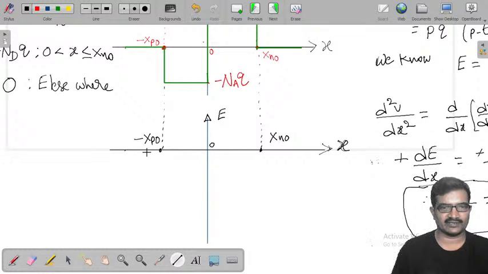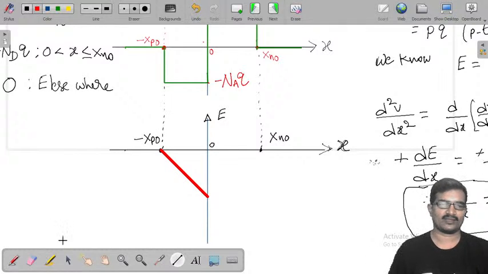Just before, we observed that this is a straight line with a negative slope starting from minus xp naught and ending at 0, like this. The slope of this one is minus NA into q by epsilon.